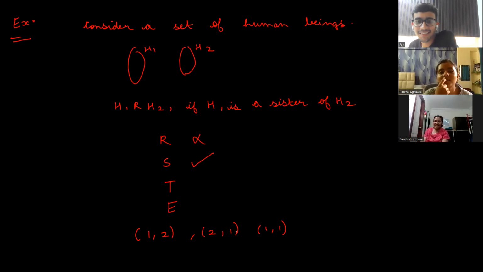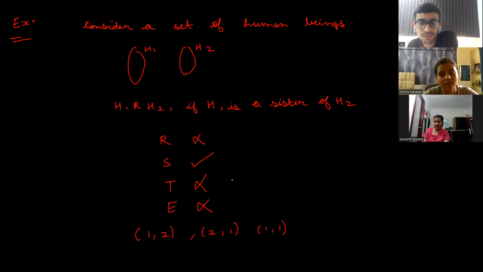Correct example, right? 1, 2 are sisters, and since it's a symmetric relation, 2, 1 also exists. So 1, 1 does not exist. So it's not transitive. It's not reflexive, not transitive, so it's not an equivalence relation either.